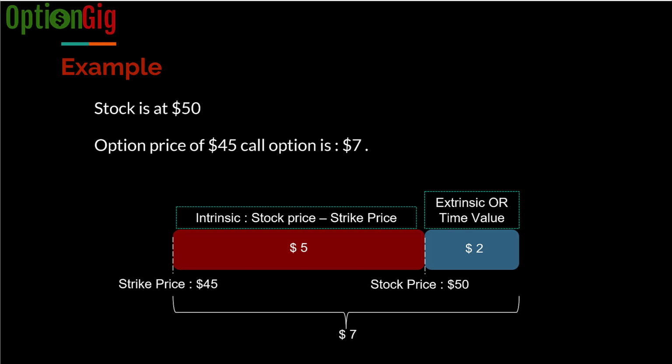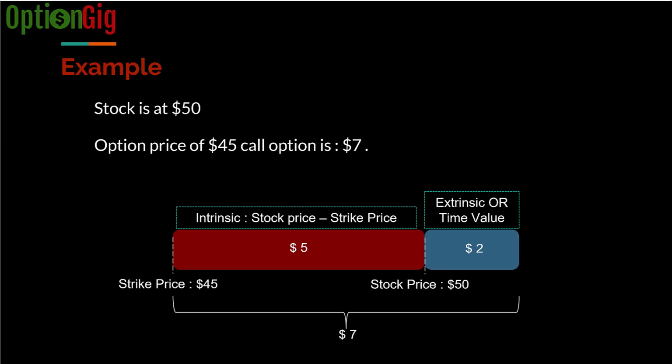So if you have to buy a $45 call option right now, when the stock is trading at 50, you will have to pay $7, because $5 is an inherent or intrinsic value embedded in that option contract, and the $2 you have to pay for the time value.